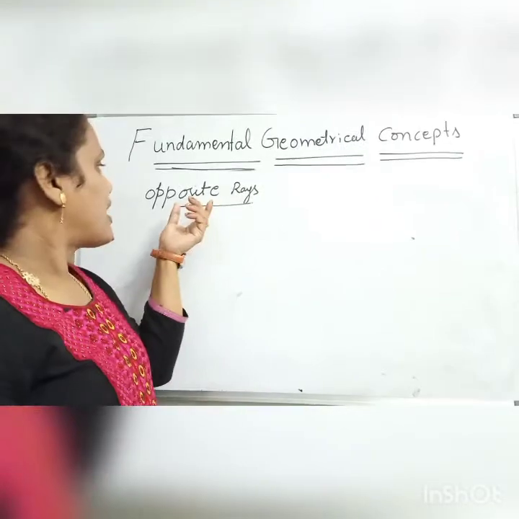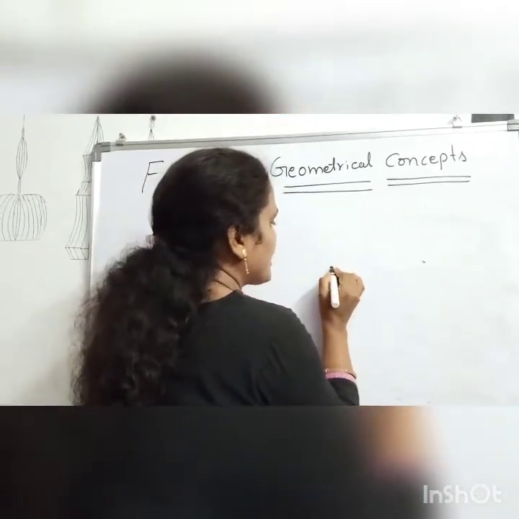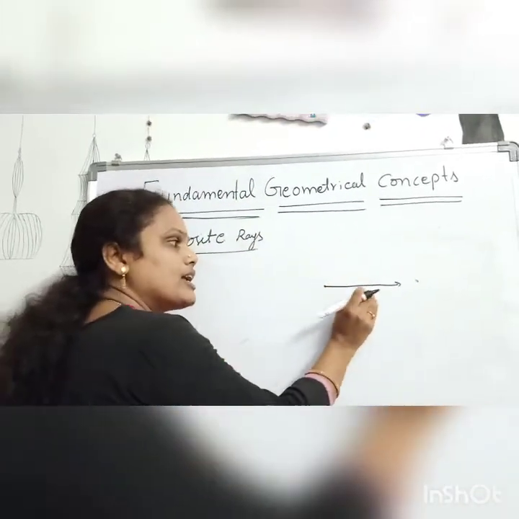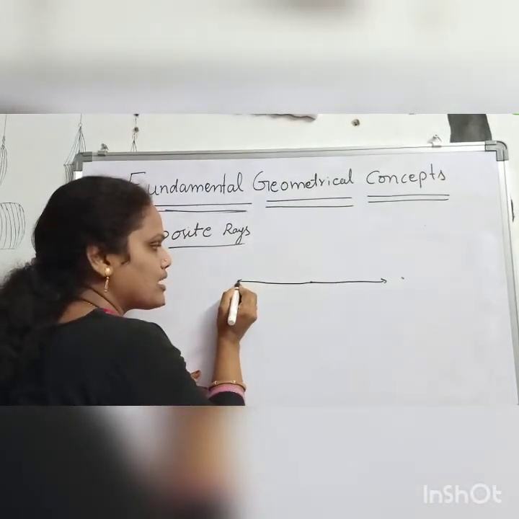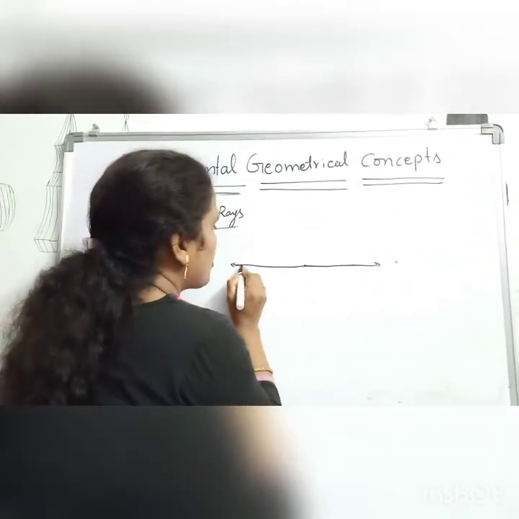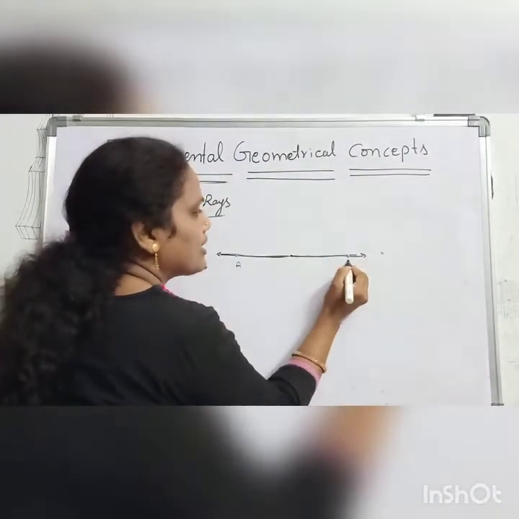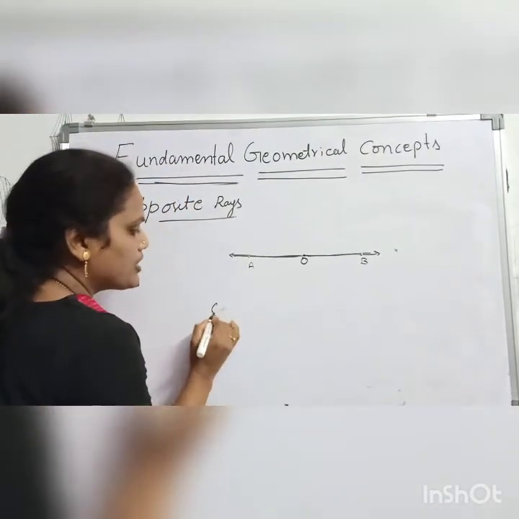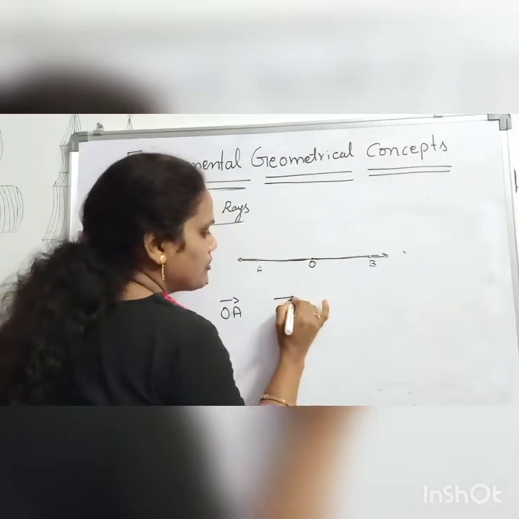Next are opposite rays. We know what a ray is: it has one initial point and extends indefinitely. Opposite rays means one more ray extends in the opposite direction. We denote them with one initial point O: OA is one ray and OB is another ray.